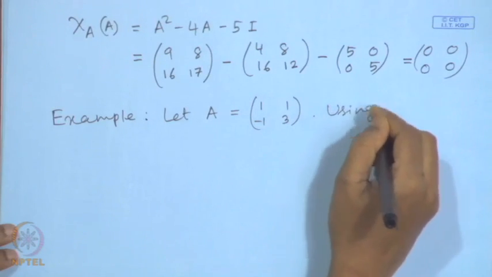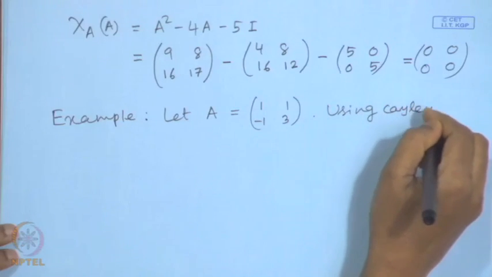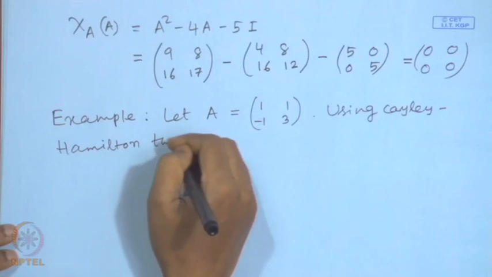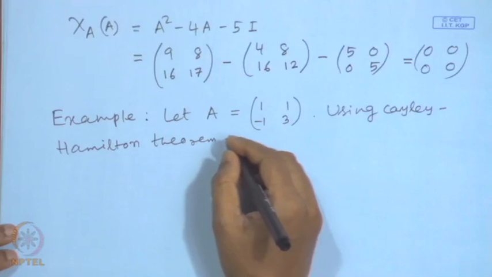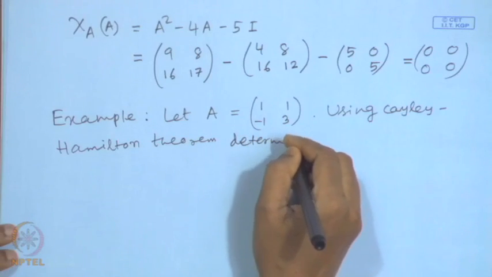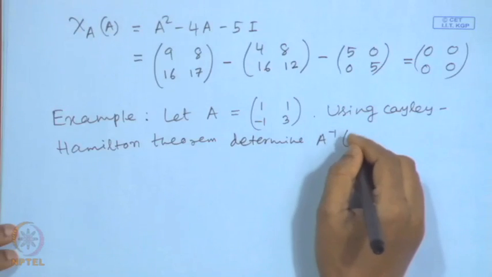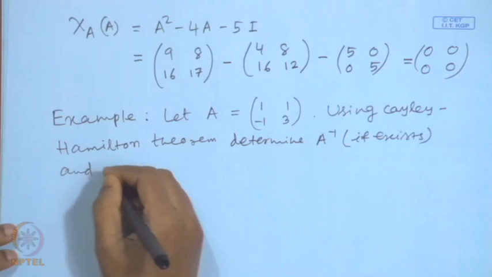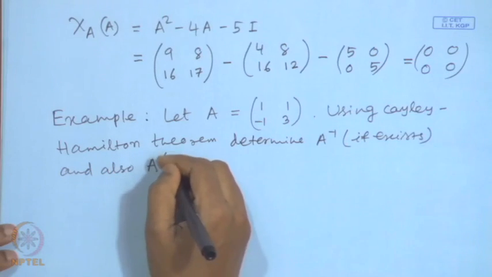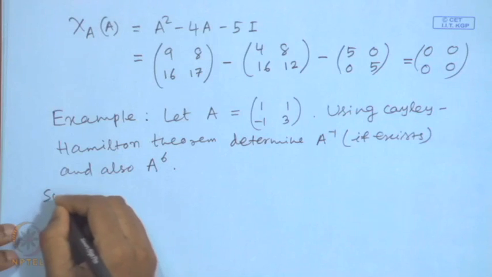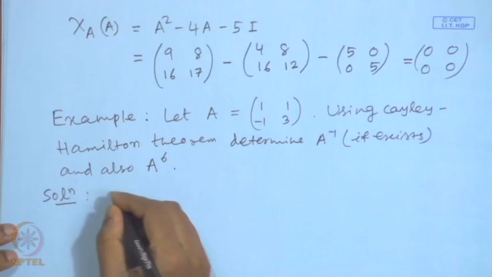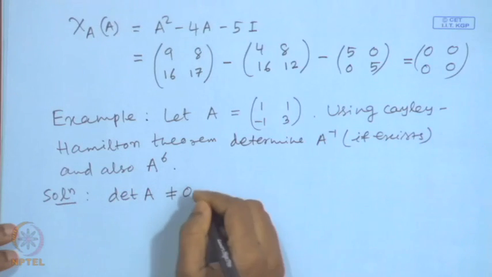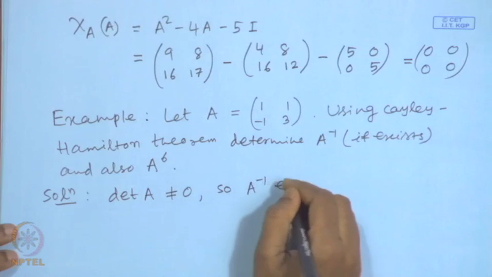Using the Cayley-Hamilton theorem, determine A inverse if it exists, and also the sixth power of A. Note that the determinant of A is not equal to 0, so A inverse exists.